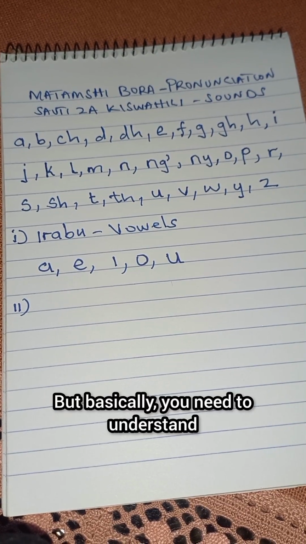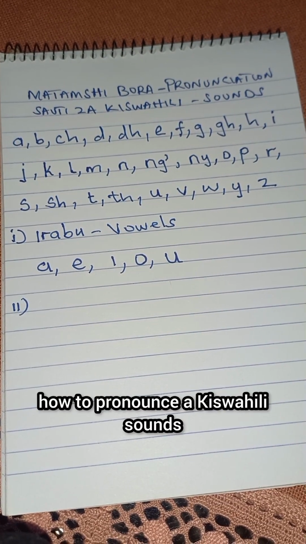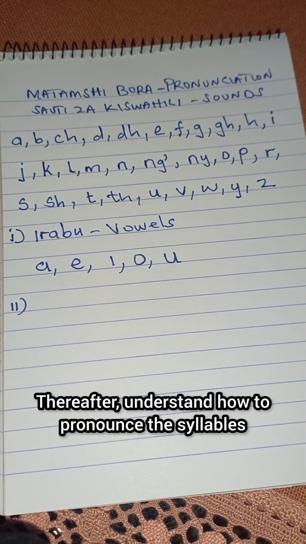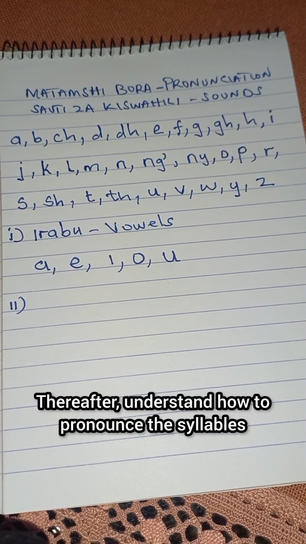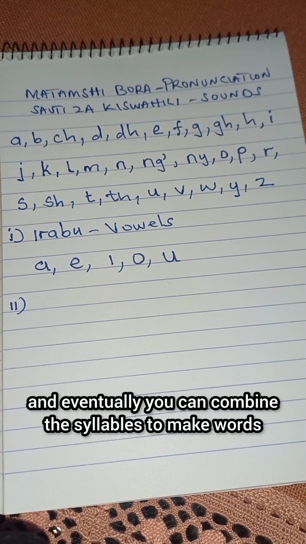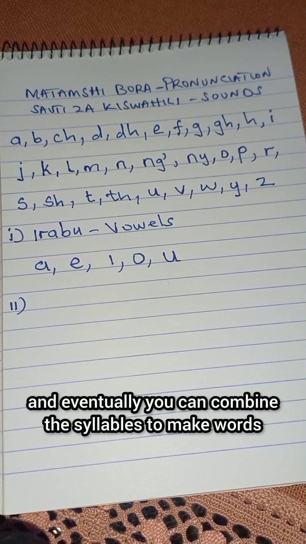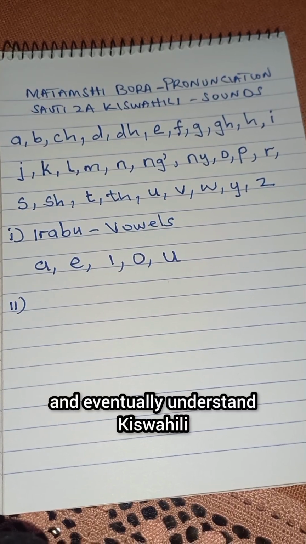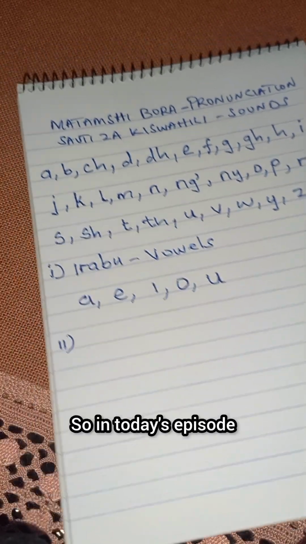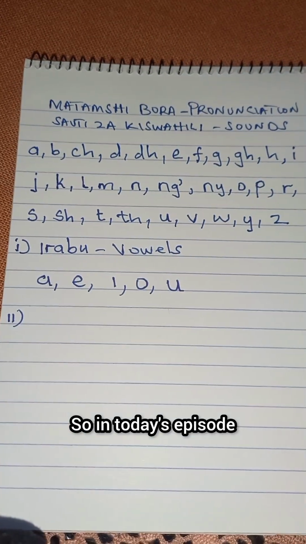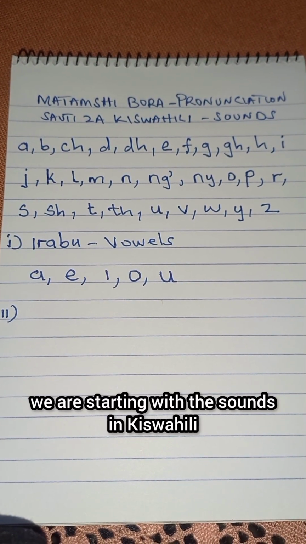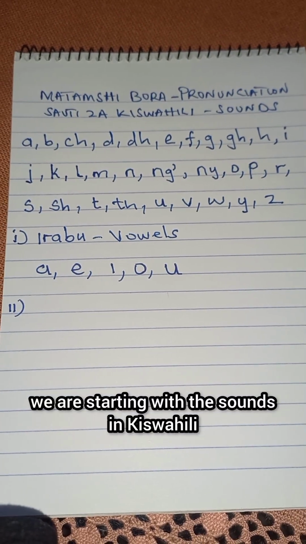But basically, you need to understand how to pronounce Kiswahili sounds. Thereafter, understand how to pronounce the syllables, and eventually you can combine the syllables to make words and eventually understand Kiswahili. So in today's episode, we are starting with the sounds in Kiswahili.